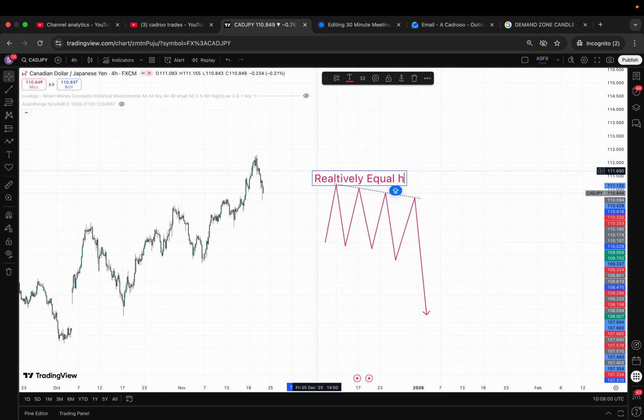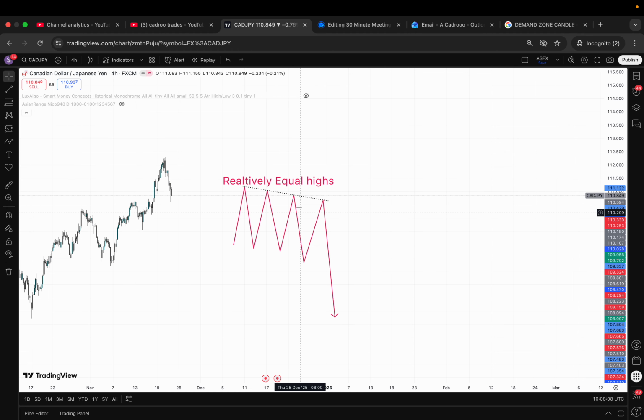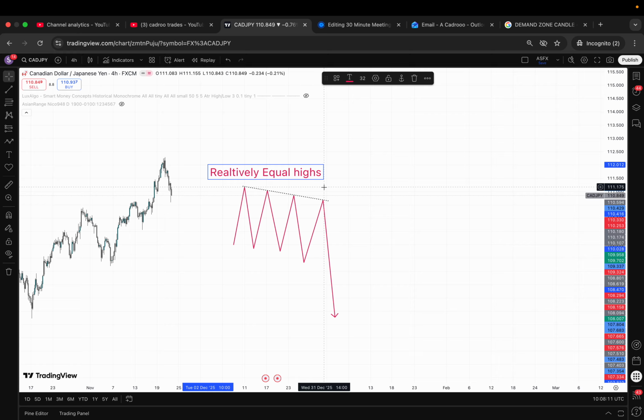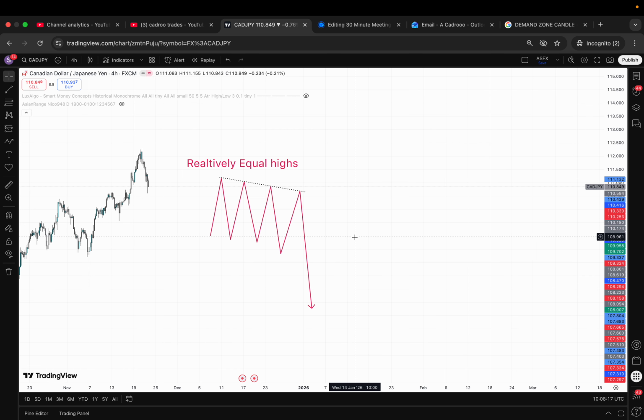Anytime we see something like this here, most likely on the lower time frame it's going to get taken out, even on a higher time frame. But the way smart money traders are reading this liquidity, they expect that if relatively equal highs and relatively equal lows are taken out, then the real move will happen.